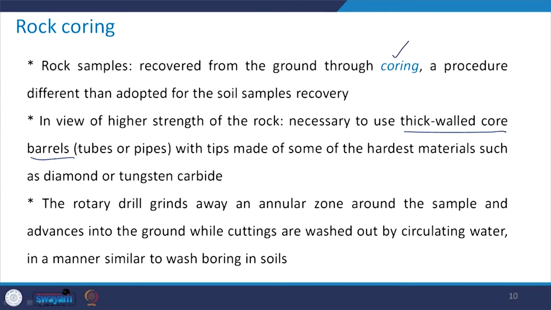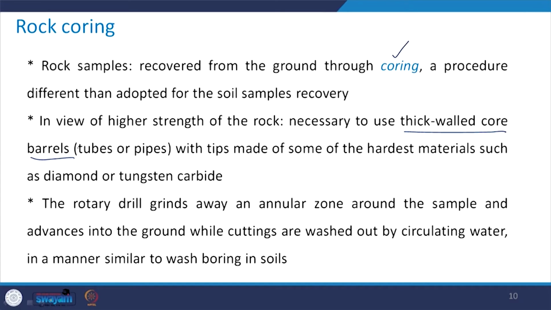So you see that we need to use diamond drill bits in order to retrieve the cores from the ground. What is done in this case is a rotary drill grinds away an annular zone around the sample and it advances into the ground, while the cuttings produced in this process are washed out by circulating water, exactly on similar lines as you do in case of wash boring in soils.